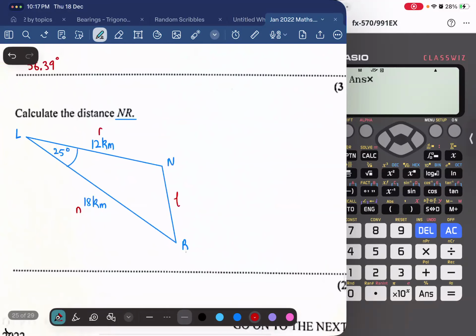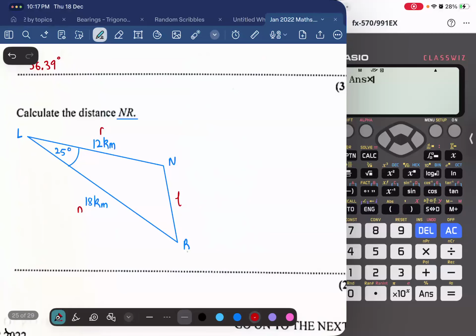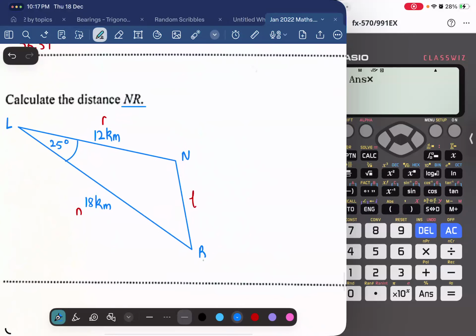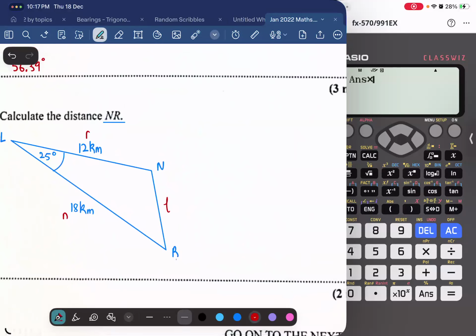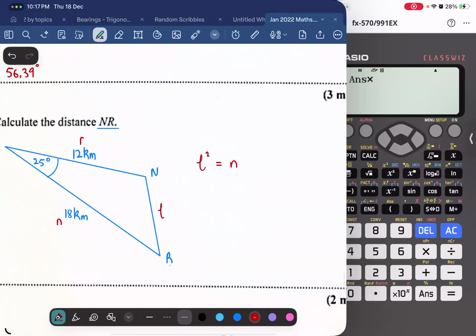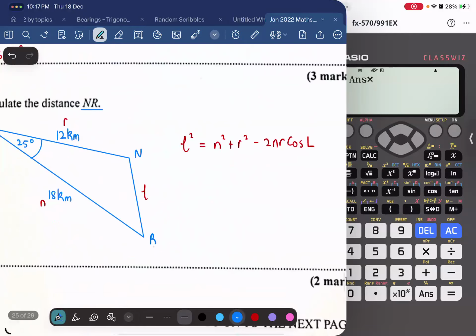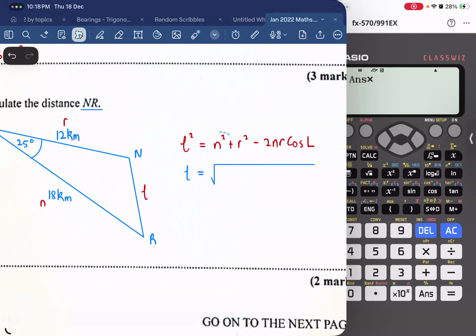So Faith, tell me, what would the cosine rule formula look like for this question? It would be L squared equals N squared plus R squared minus 2NR cos L. And if you want your final answer one time, you just find the square root of everything on the right-hand side.